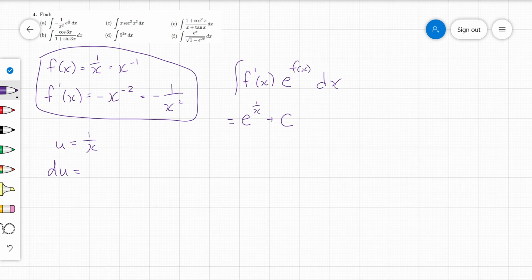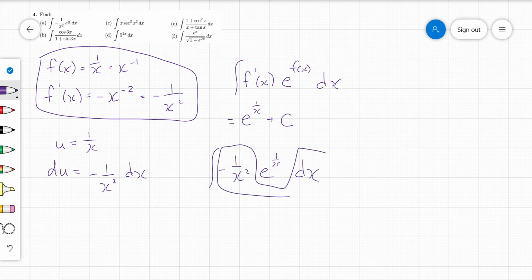So if I differentiate u with respect to x, I do get that just like that. So if I have a look at the integral, you can see that this whole part here now equals du. So -1 on x squared dx is equal to du.